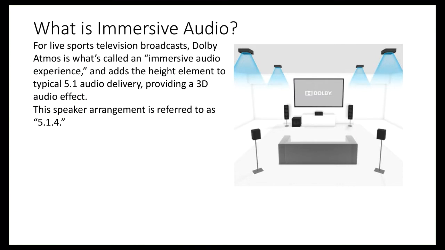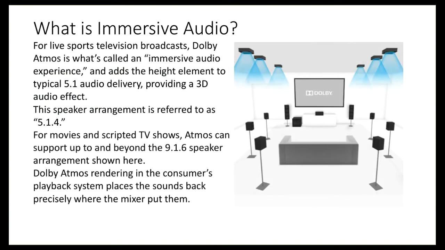This is called 5.1.4, which is your typical 5.1 arrangement on the floor, and then your 4 channels, which is the .4 overhead. This is typically available for home theater systems, but it can go all the way up to something a bit more massive, like this 9.1.6 arrangement that we have here.